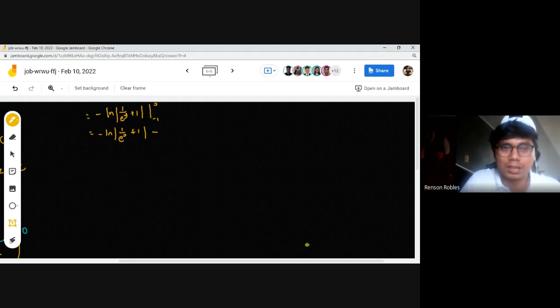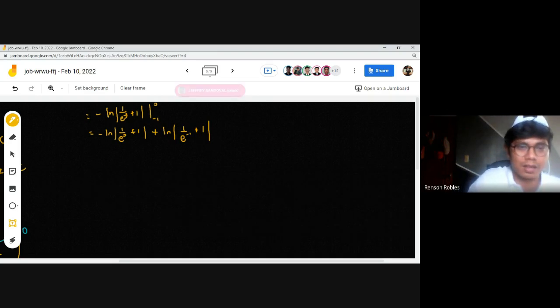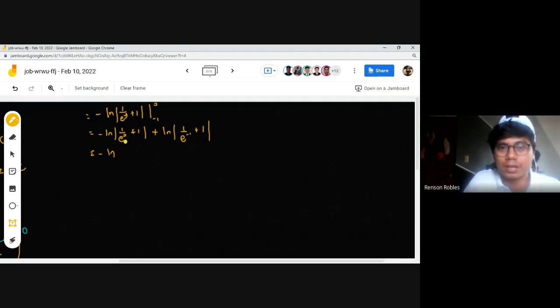Minus, this is negative, it will become plus. ln 1 over e to the negative 1 plus 1. All right. So you shall now have negative ln. You know that e to the 0 is 1. 1 over 1 is 1. Plus 1, it's 2. So that's negative ln 2.